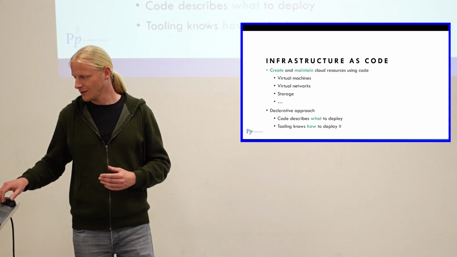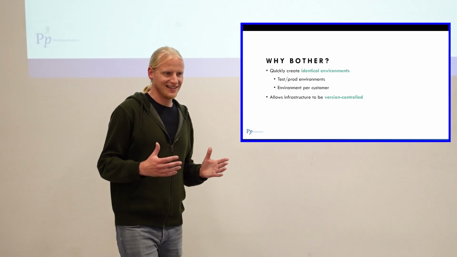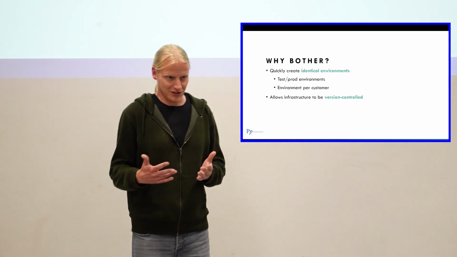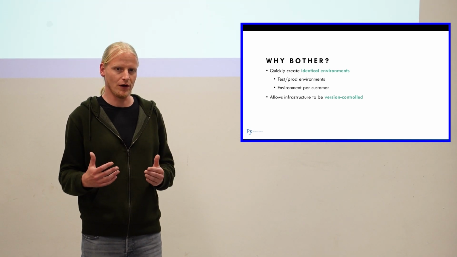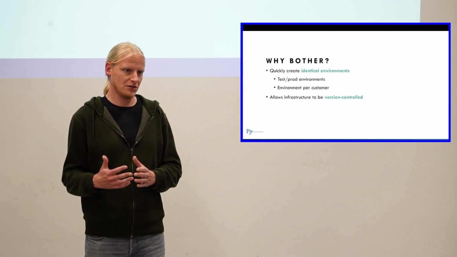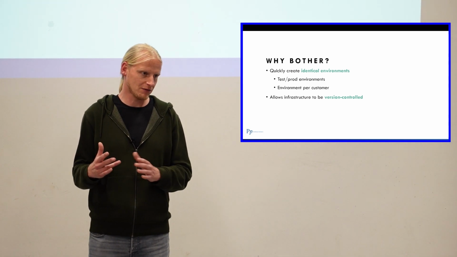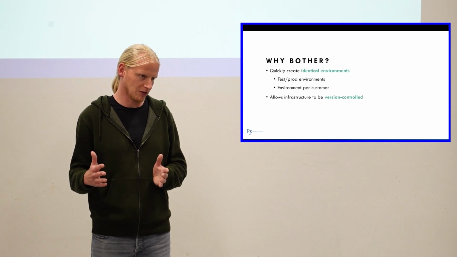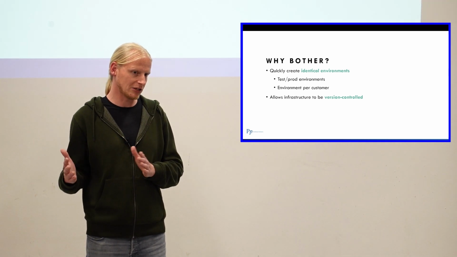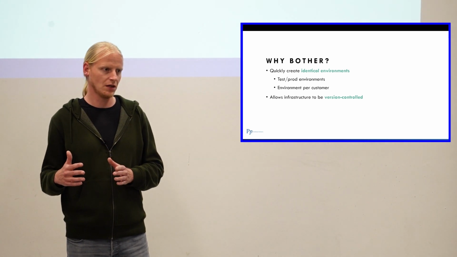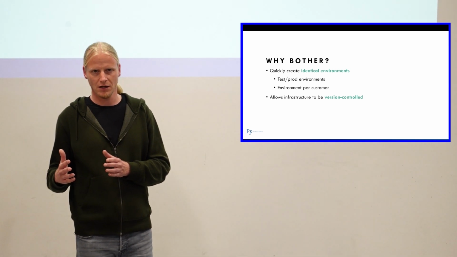And well, why would you want to do that? One of the obvious advantages is that if you declare this in code files, you can easily deploy copies of your application. So if you have different environments, for example, a test environment, maybe an acceptance environment and a production environment, you can easily deploy identical or nearly identical copies to those environments.